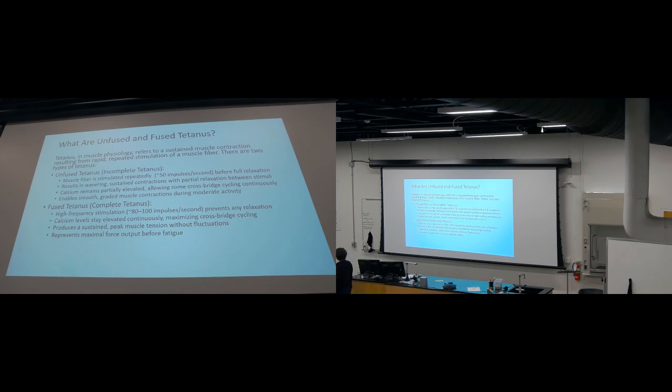Now for tetanus, which is a sustained contraction. Tetanus is caused by rapid and repeated stimuli in your muscle fibers, like when you're doing exercise, for instance. We have two types of tetanus, one called unfused or incomplete, and another called fused or complete.